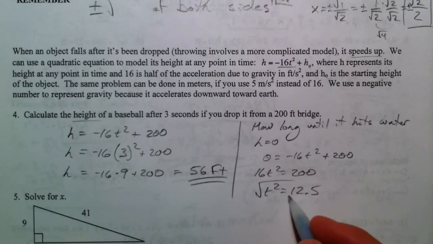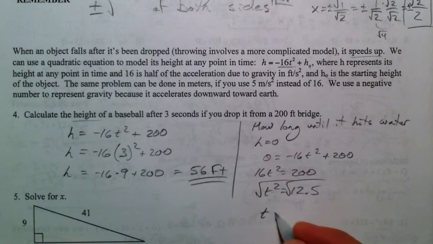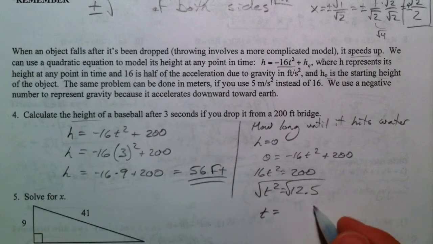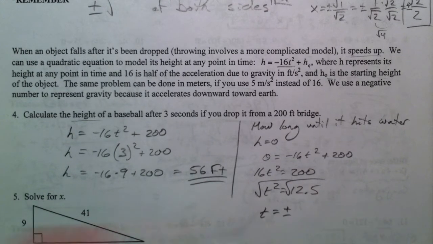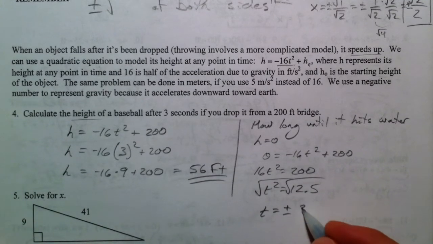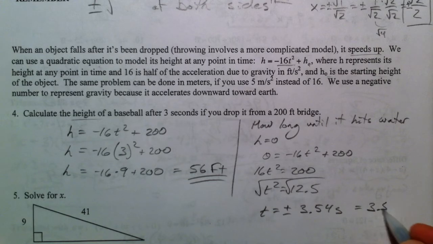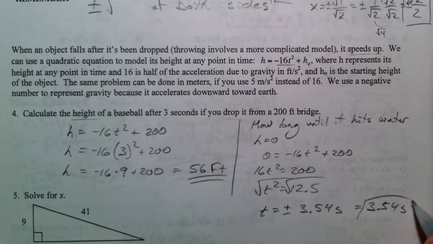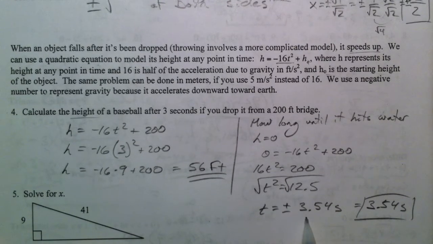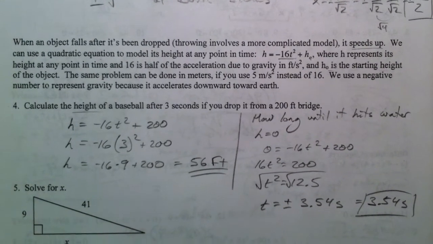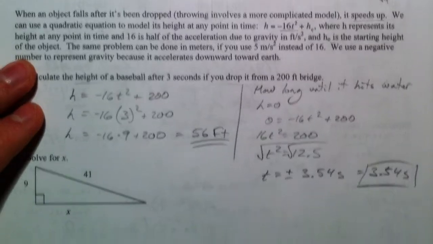And if we take the square root of both sides, remembering plus or minus, except we're going to ignore the negative. So we're going to ignore the negative and just say 3.54 seconds. Because it's not going to hit it negative 3 seconds ago. That doesn't make any sense.